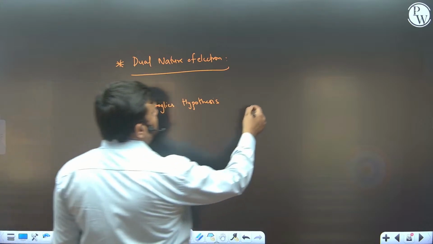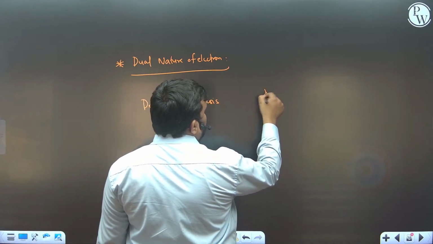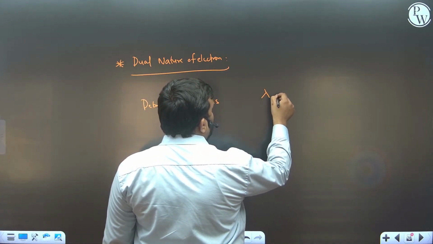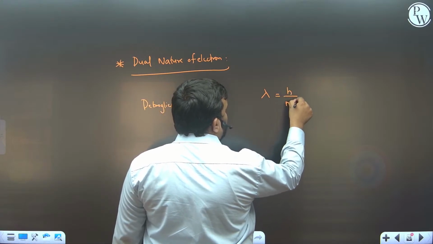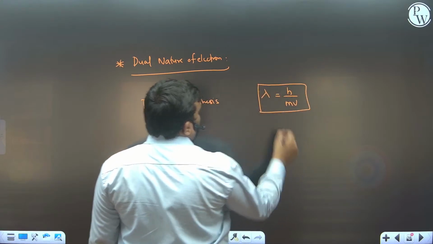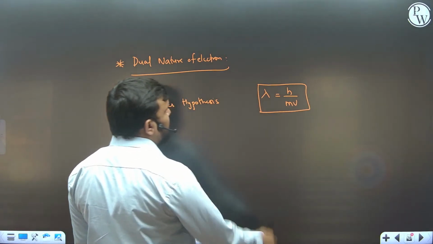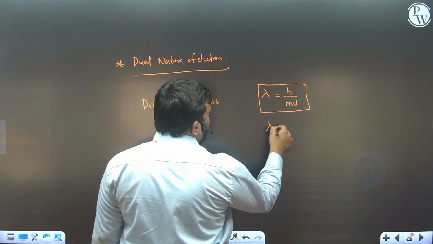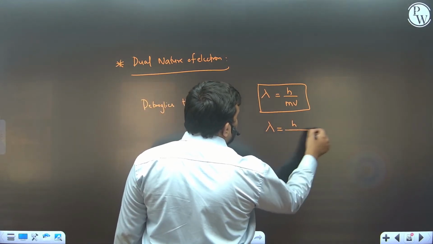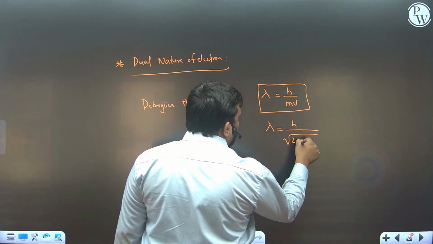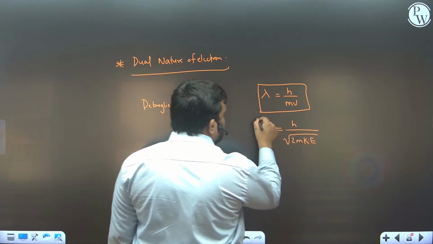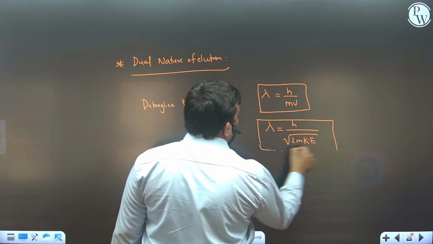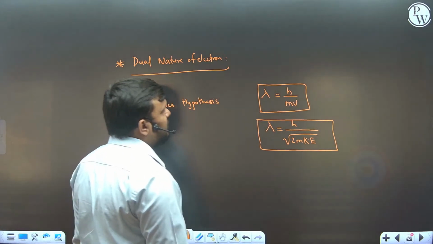For this, he calculated the de Broglie wavelength, lambda is equal to h upon mv, in terms of mass m and velocity v. We can also have it in terms of kinetic energy: h upon under root 2m KE. This is the de Broglie wavelength in terms of kinetic energy.